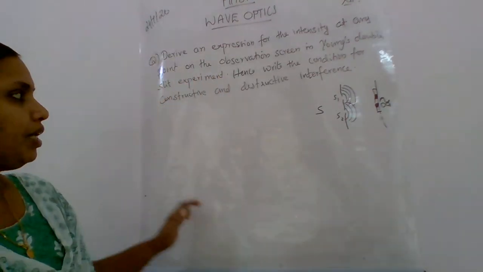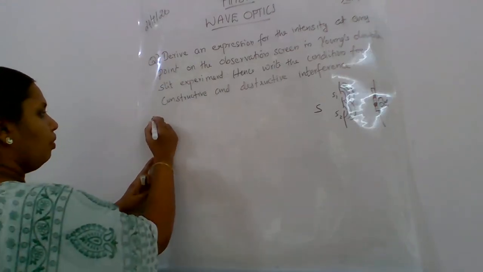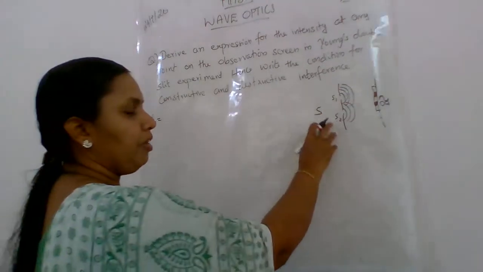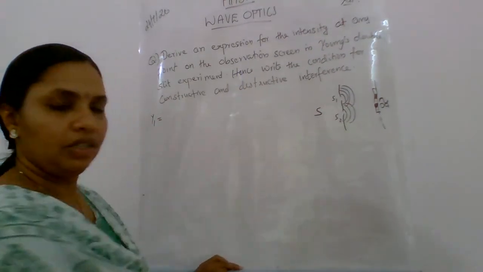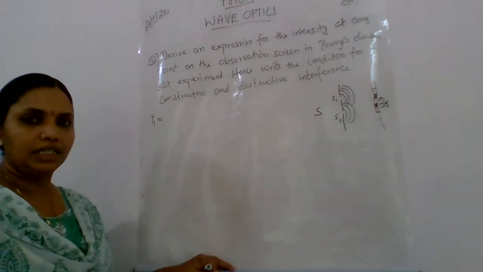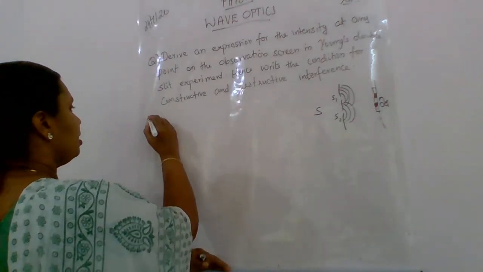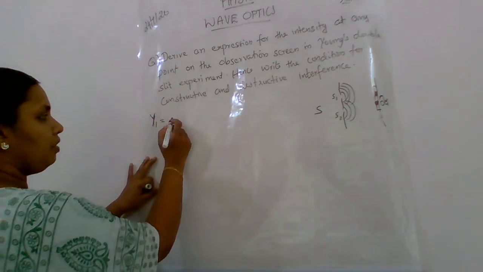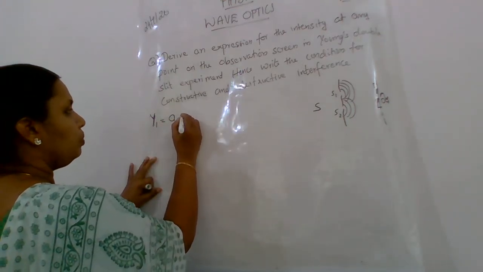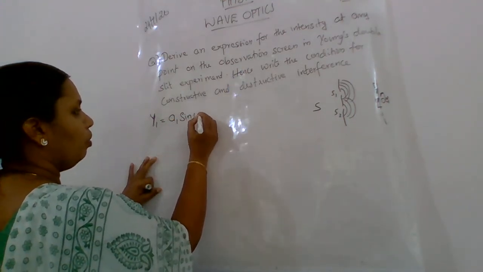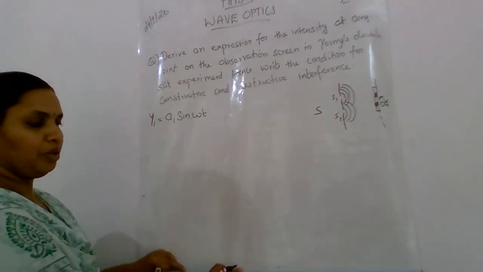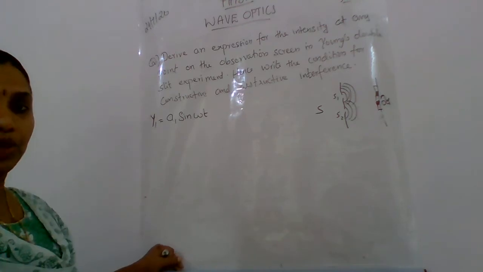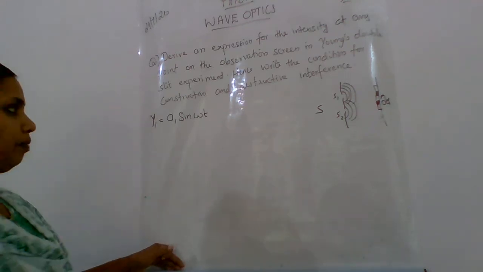Let y1 be the displacement of the wave coming from the slit S1. In wave representation, y1 is equal to a1 sine omega t, where a1 is its amplitude, omega is the angular frequency and t is the time.